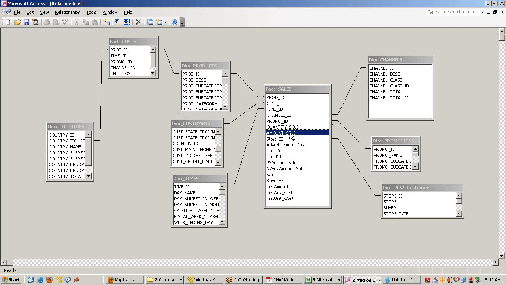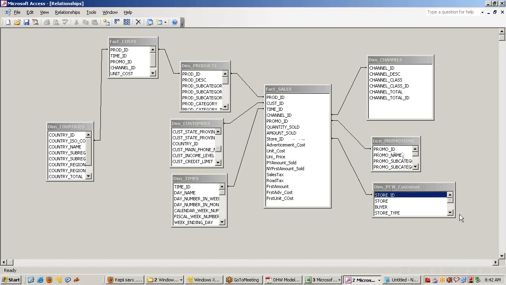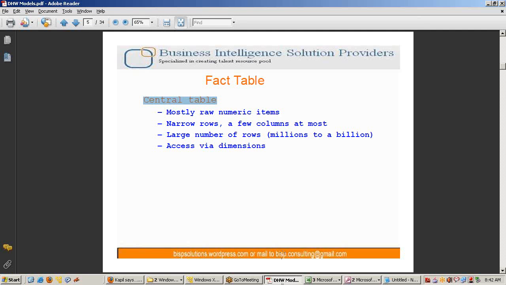Promotion versus sales gives the promotion cost and how much sales increased as a result of promotion, and finally customer. So the moment I take the intersection of any dimension with a fact, it brings certain meaning to me. Therefore the fact table has to be the central table.